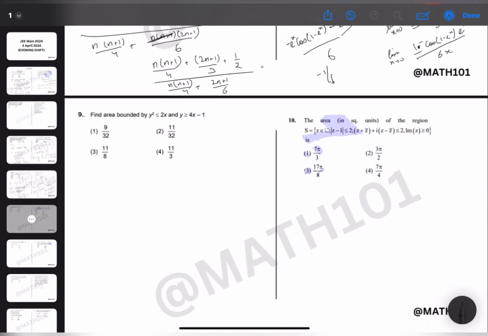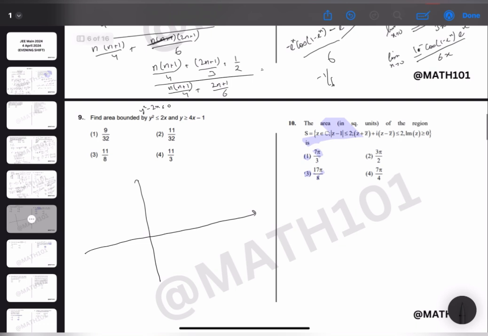Area bounded by y square less than 2x, that is, y square minus 2x less than or equal to 0. This is this parabola, y square minus 2x equals 0.